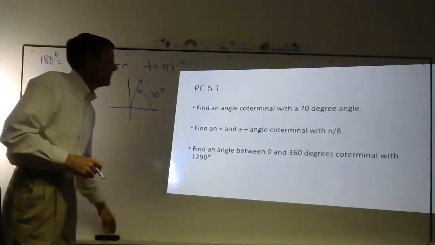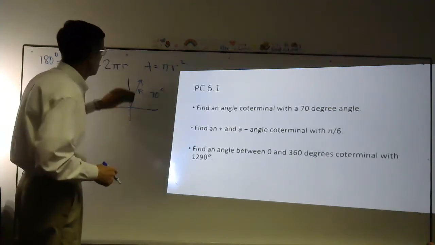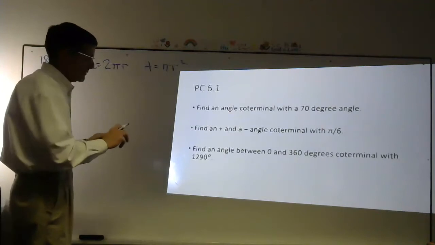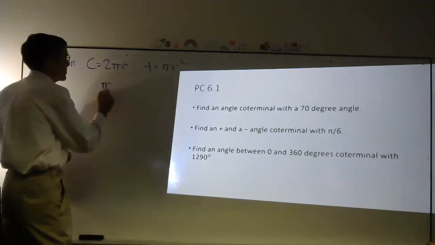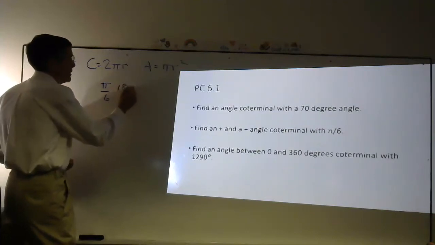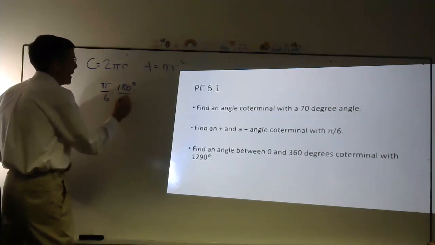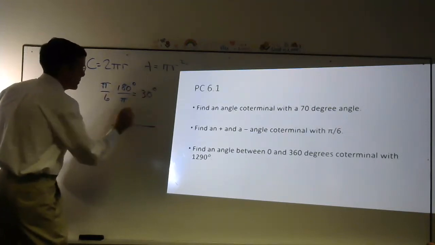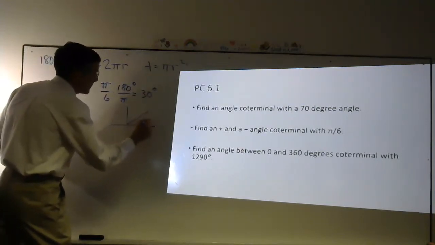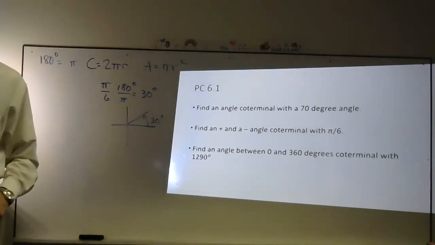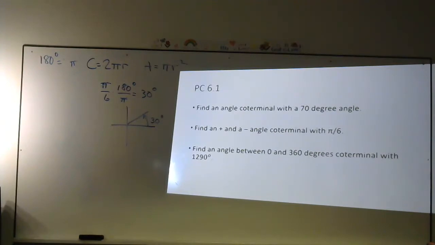Find a positive and a negative angle coterminal with pi over 6. We just did pi over 6, but let's do it again. Pi over 6, we're going to change it to degrees. So we want to get degrees, put them on the top, pi on the bottom. The pi's go, 6 into 180 is 30. So we have a 30-degree angle.